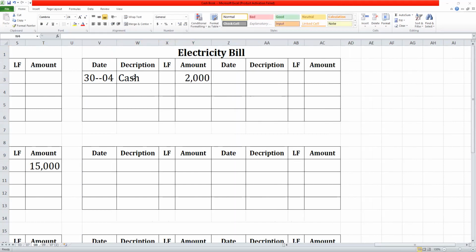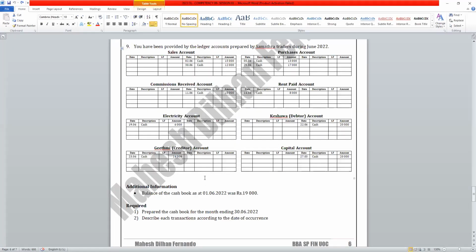Then put out the cash book. Right. Your homework: I have given you other ledger accounts.